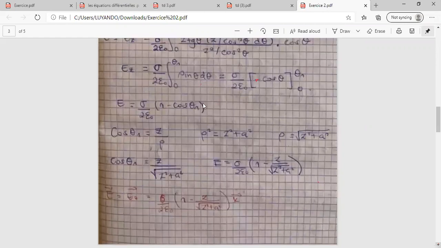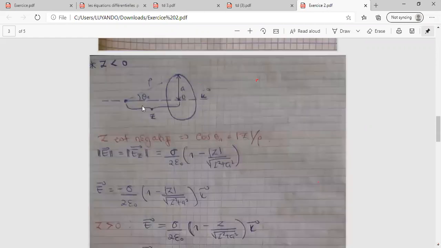So for z less than 0, our z is going to be on the negative side of the disk charge. If z is negative, we're going to have the same calculation, but the only difference is that we're going to have a negative. So you can follow the same calculation and you can send me the answer afterwards.